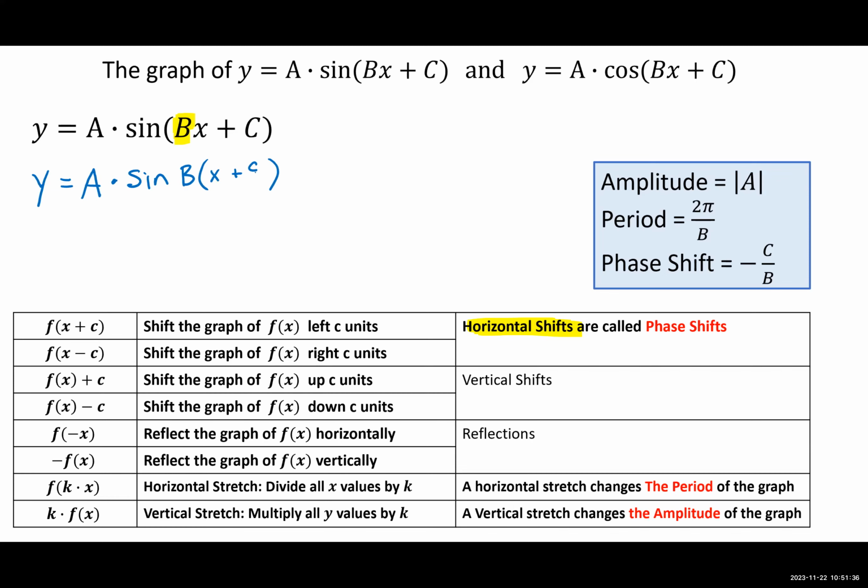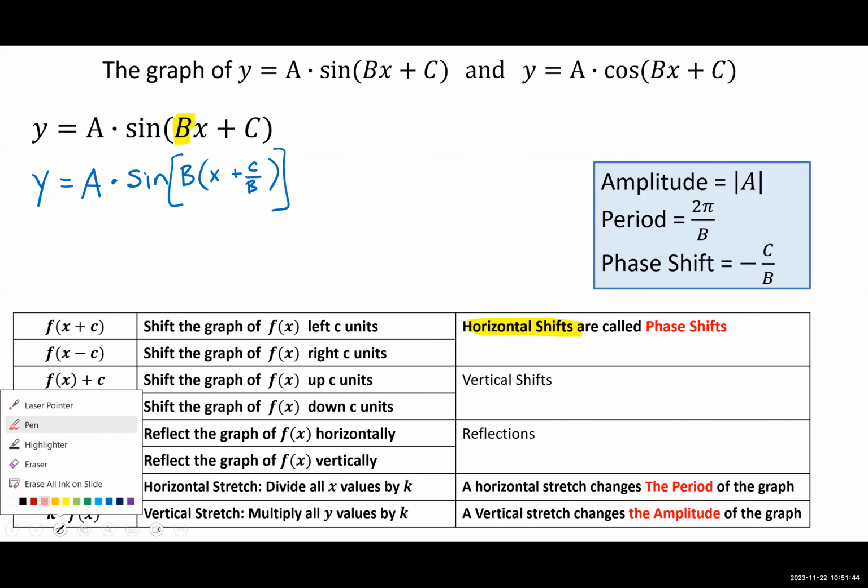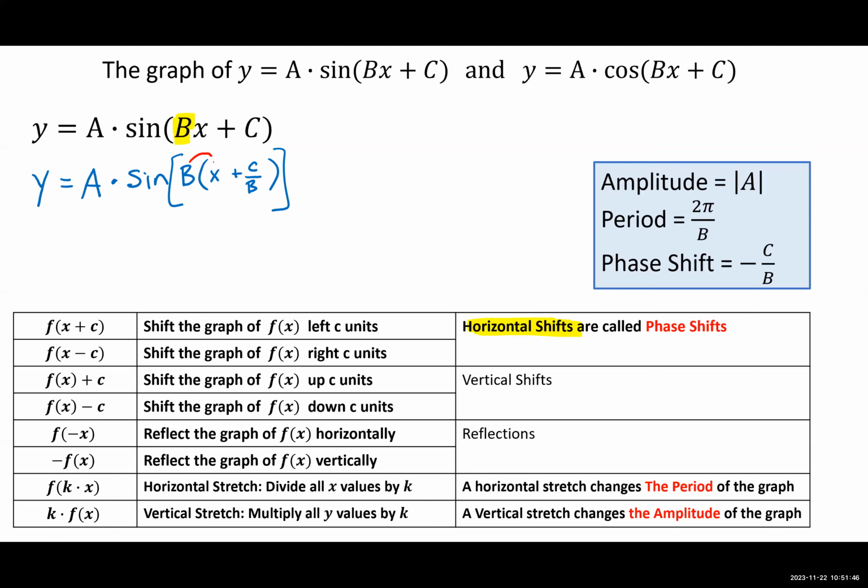So divide on the inside, multiply on the outside, we get c over b. Now, if you were to multiply that back through, like unfactor it, b times x is bx, right? B times c over b would give you the plus c.